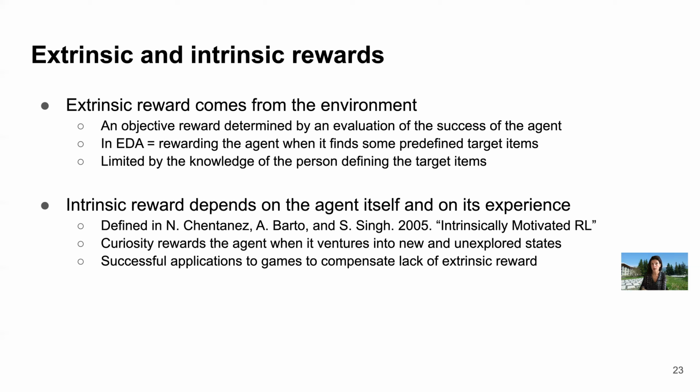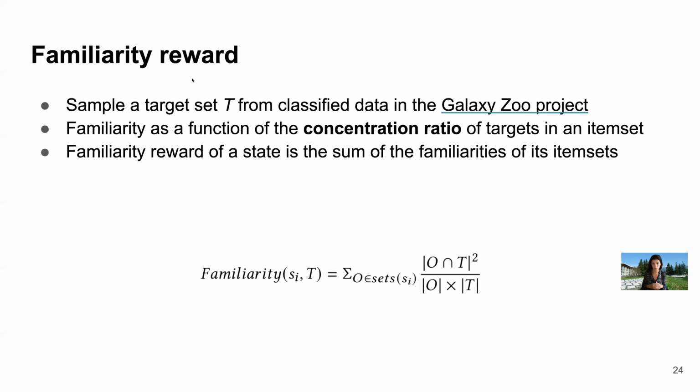That is also the reason why we thought it could be interesting to see if combining extrinsic and intrinsic reward is useful in the case of exploratory data analysis, where the user does not necessarily always know where to go and what to look for.